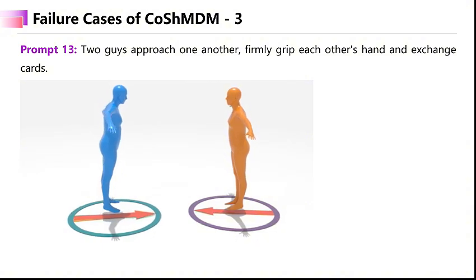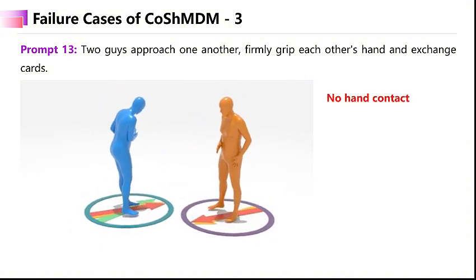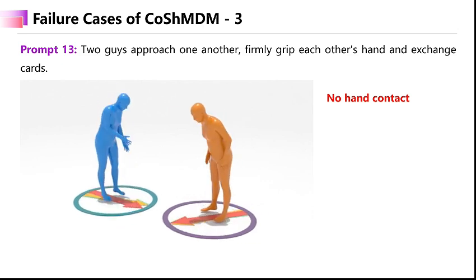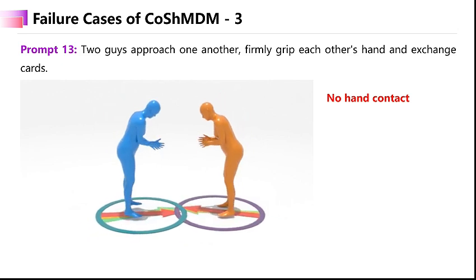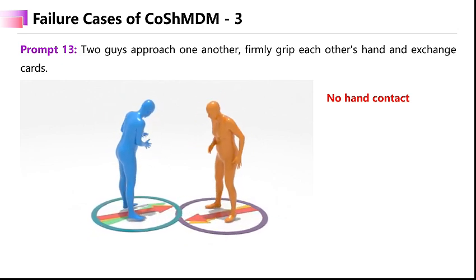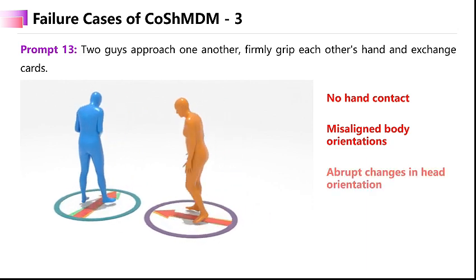Some failure cases arise from misaligned orientations and abrupt head motion changes. It should be noted that these abrupt orientation changes are due to the presence of similar artifacts in the training dataset.